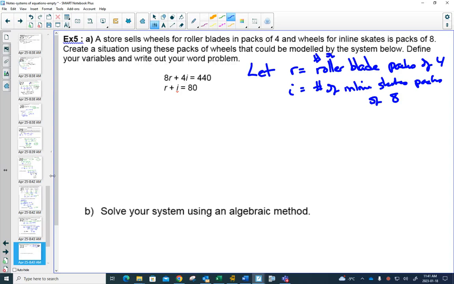So what's the storyline? What storyline could make equation 1 and equation 2?